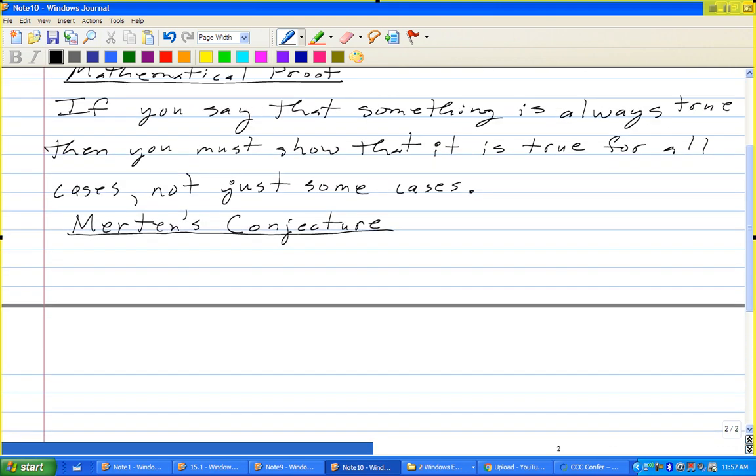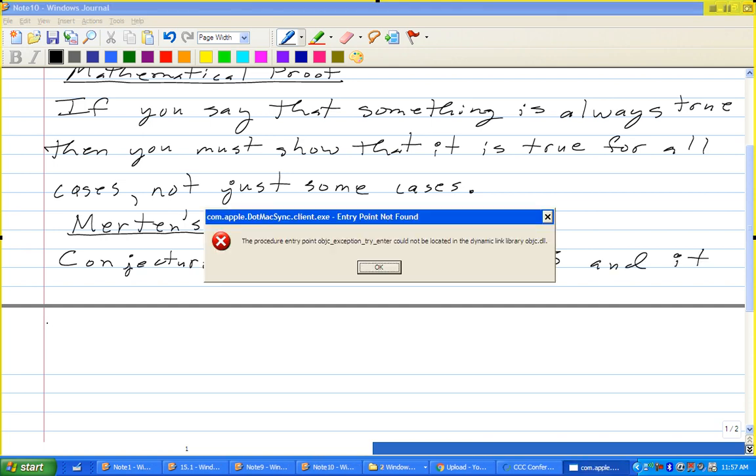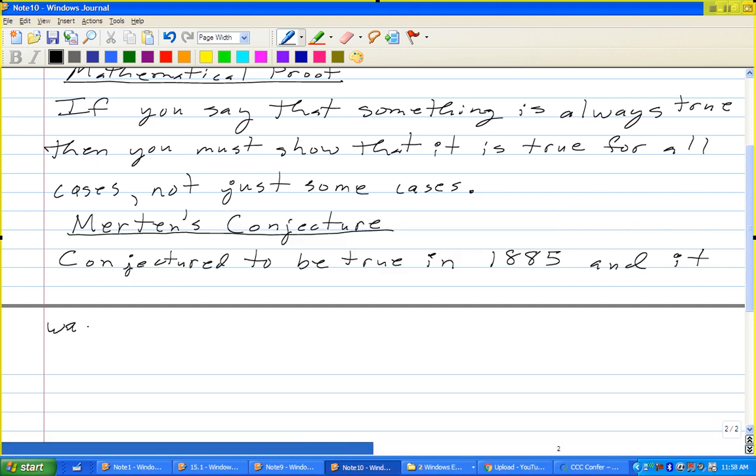So, Merton's conjecture was some statement, and it was conjectured to be true. This was, I believe, in 1885. And it was verified to be true.